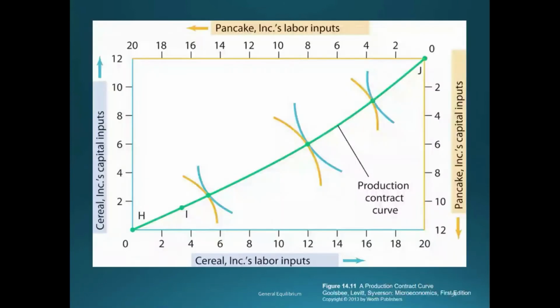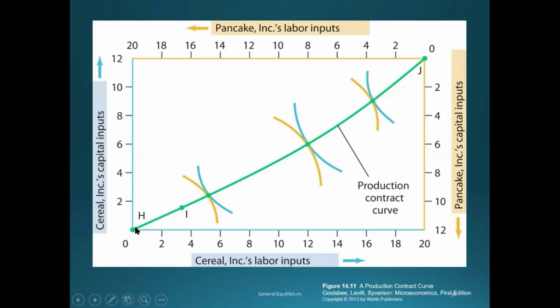And again, we're going to see that there are a lot of different efficient allocations. The production contract curve shows all the combinations of allocations of inputs that result in an efficient allocation of inputs.